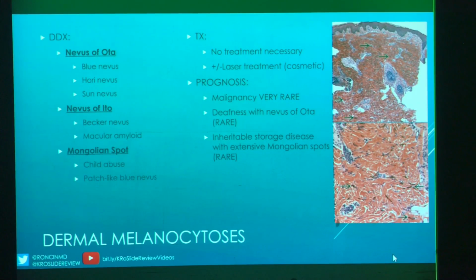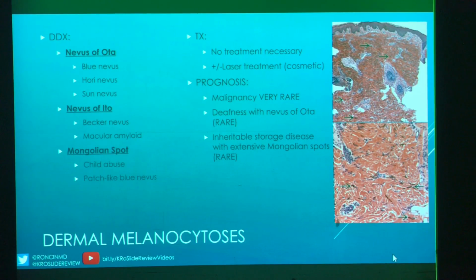And your differential, for the most part, you're looking at relatively different nevi. Of course, with Mongolian spot, because it's occurring in children, there's always the concern about abuse or blue nevus. And really, these are relatively benign lesions, so we don't actually even have to treat them. They can do laser treatment on them to lighten them up for cosmetic reasons.